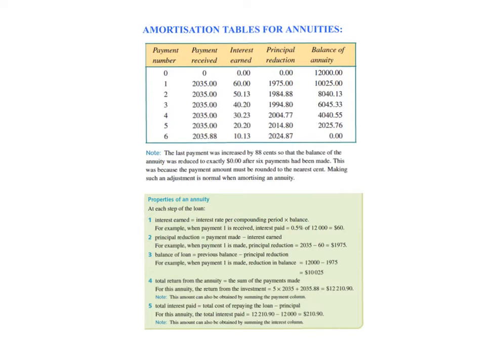So you'll start off, if you have a look here, you have your initial starting. In the first month, that investment of $12,000 made $60 of interest. So even though he took out a payment of $2,035, his investment didn't drop by that much because he'd actually gained $60.